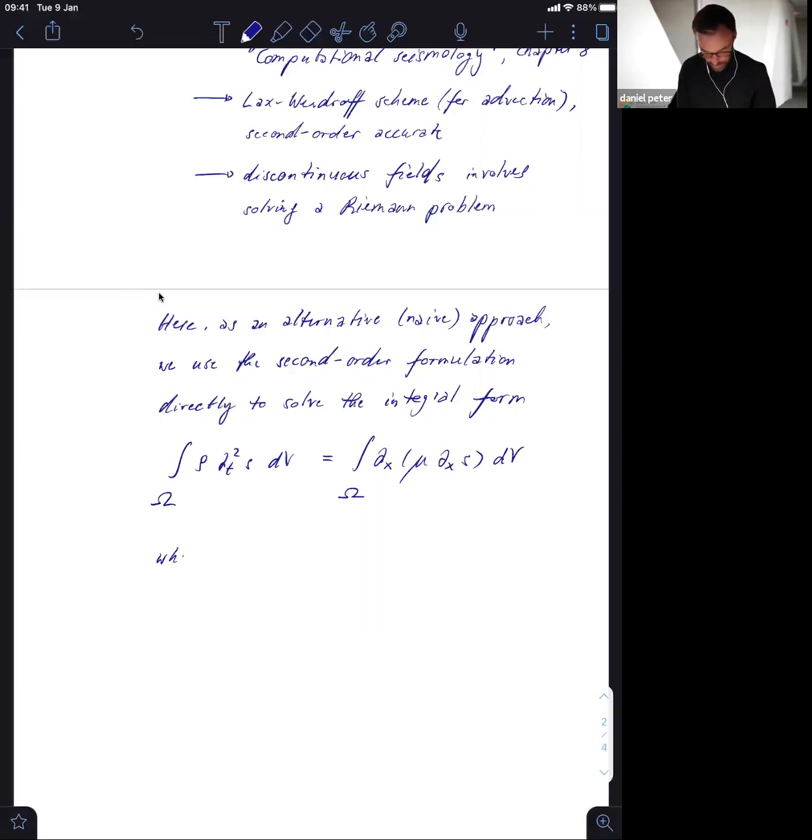And the goal is we want to have this in a matrix form, where we could write the mass matrix times the acceleration, which is a vector then, is equal to the stiffness matrix K times the displacement vector.